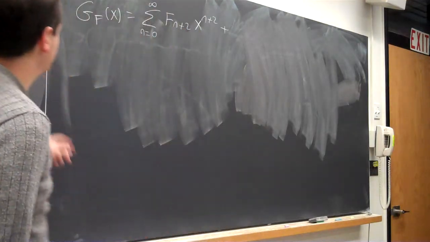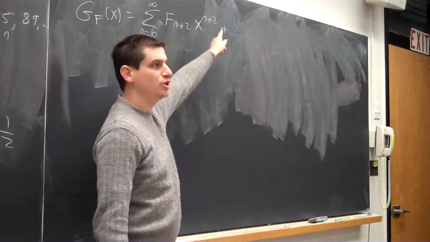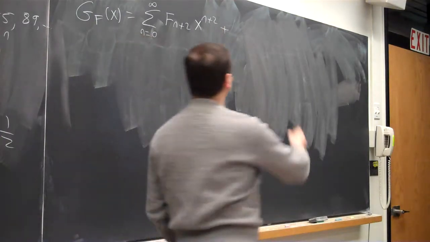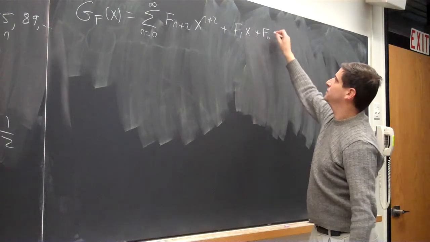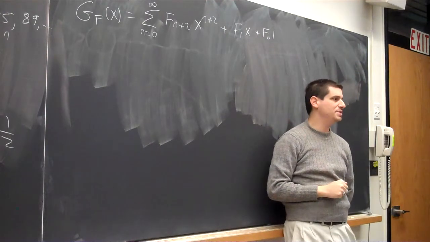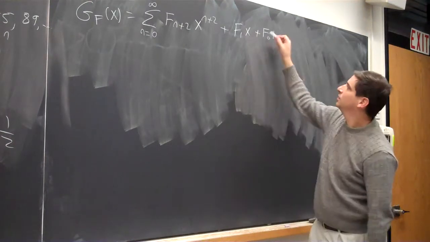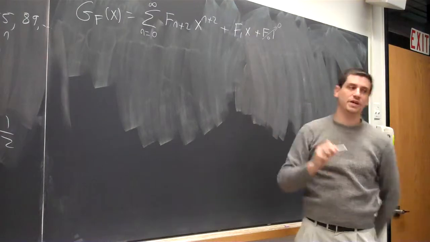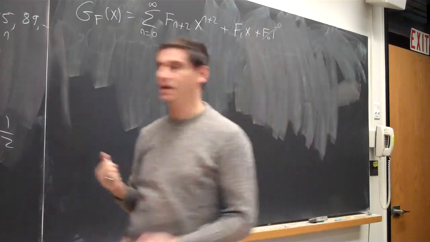But the initial sum starts at 0. So my first term here now is f2 x squared. So which term am I missing? I'm missing f1 x plus f0 times 1. Is it really bad that I'm missing f0 times 1? No, it's just 0. What about f1 times x? It's just x, but I do have to be careful to keep that.